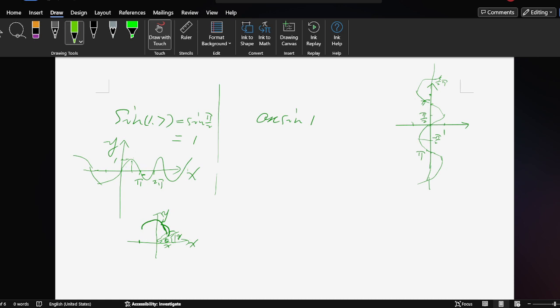Pi is 0. So the angle changed to here is 0. Then we change to the other side, change to this side, and again change to 2 pi. 2 pi is 0 again. 2 pi is here. Okay, just here.